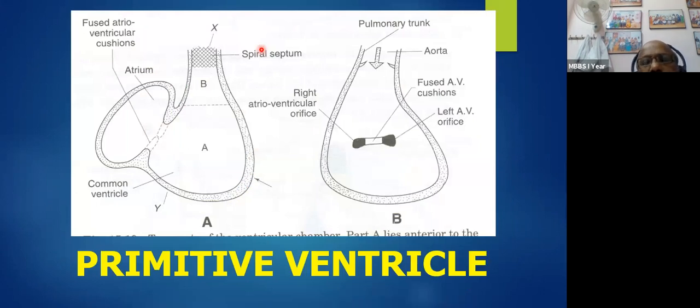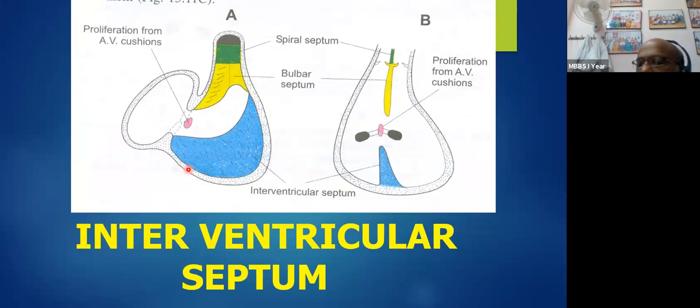Now all of you see this picture. Common ventricular chamber. This is the atrium. So this is the AV opening or AV canal. There we already studied that the septum has been formed by the atrioventricular cushion. Now this is your common ventricular chamber. Now see this picture.